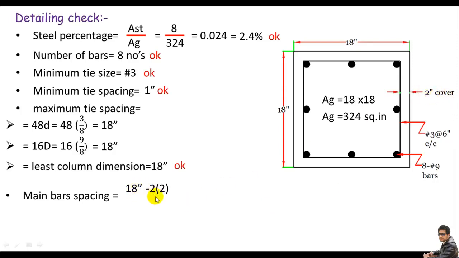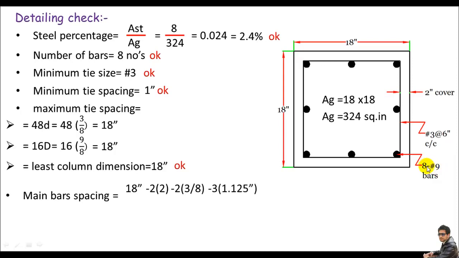So negative 2 times 2. I'll also subtract 2 times the tie diameter, one side and another side, and the tie diameter is just 3/8 inches, because we have number 3 bar. I also want to subtract 3 main bars because we have 1, 2 and 3 in this sequence. The diameter of this bar is number 9, which is of course 1.125 inches, right?